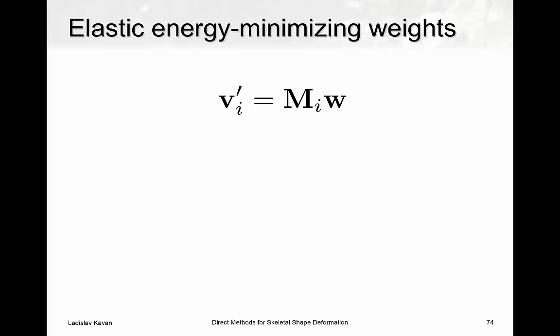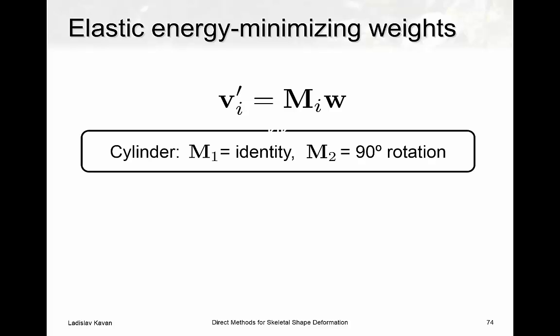So for the cylinder, you can imagine that I have two sample deformations, 0 and 90 degrees. M1 is the identity rotation, M2 would be the 90 degrees rotation. M_i is the skinning matrix, and M_i w is the matrix-vector formula that computes linear blend skinning. So v_i prime is the deformed pose for the skinning with the M_i matrix.